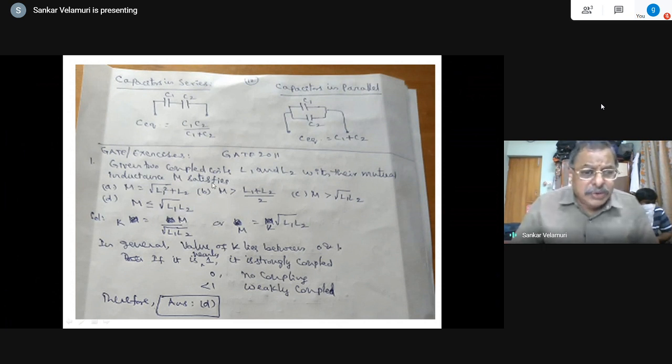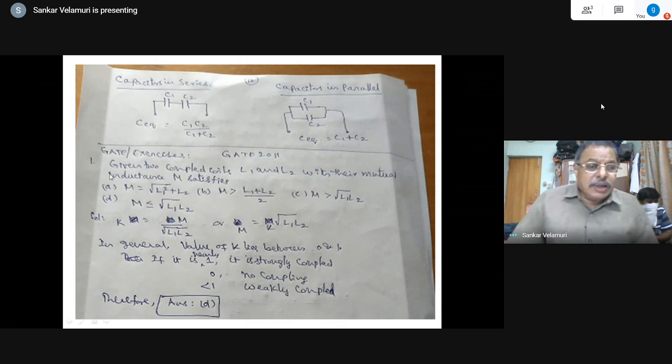I hope you are able to see it better as compared to yesterday. It is given in the GATE 2011 question paper. Given 2 coupled coils L1 and L2 with their mutual inductance M, M satisfies the same four options.